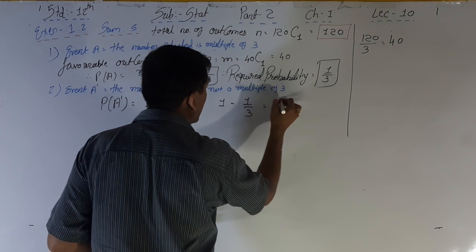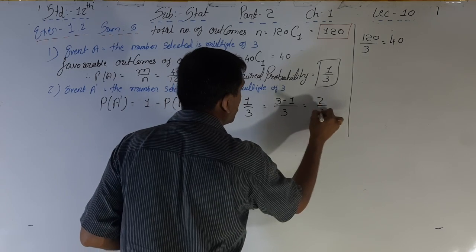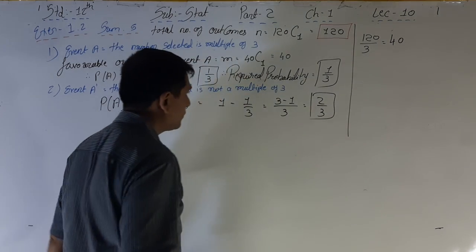Taking 3 as LCM, 3 minus 1 by 3, so 2 by 3 is your final answer.